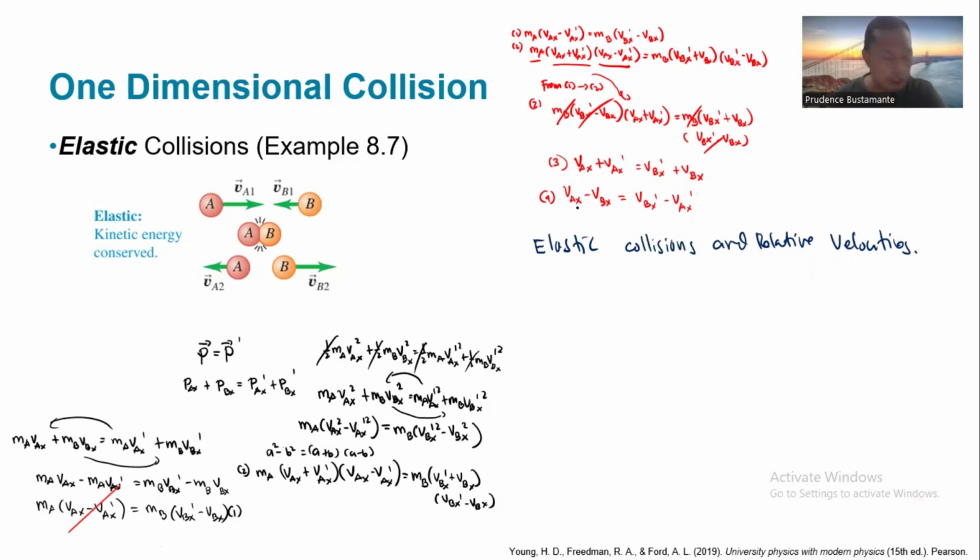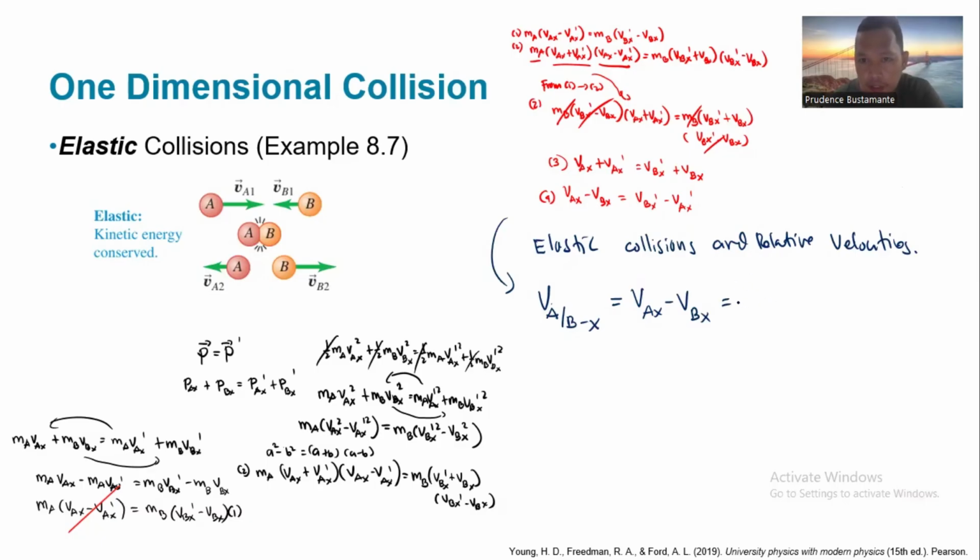Here we have the initial velocity of A with respect to B is equal to the negative of the velocity of B relative to A. So we can write equation 4: the velocity of A with respect to B along X is equal to VAX minus VBX.